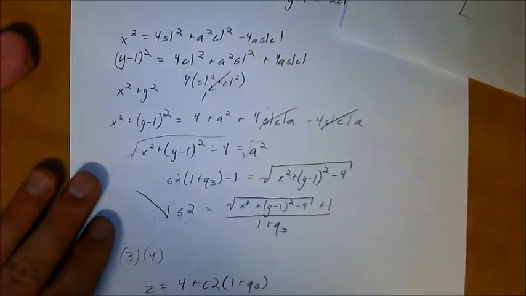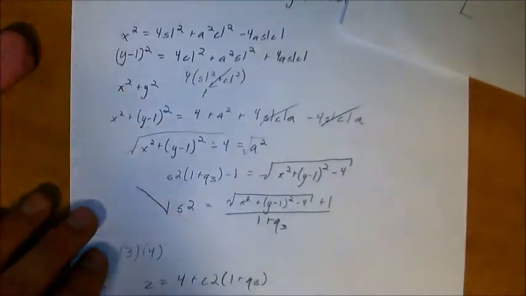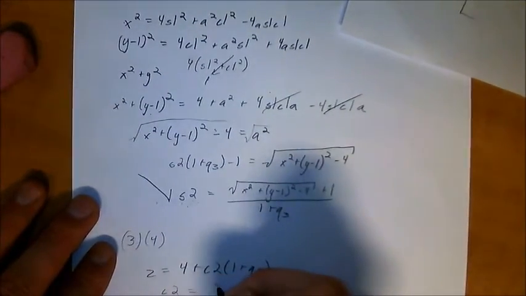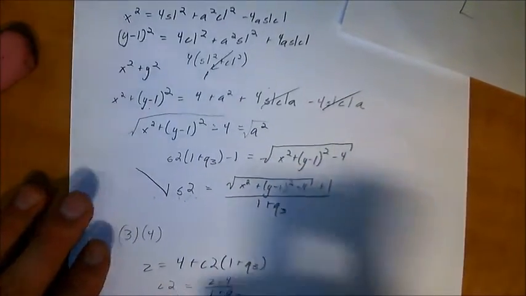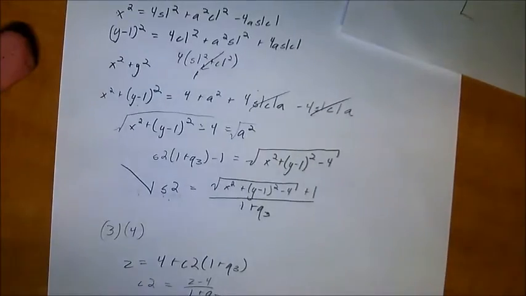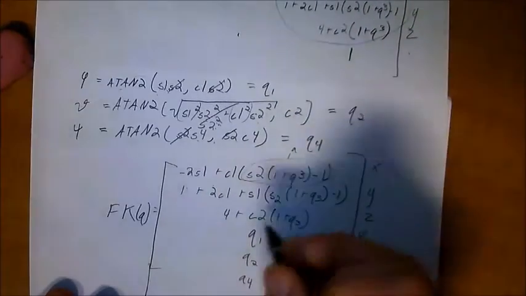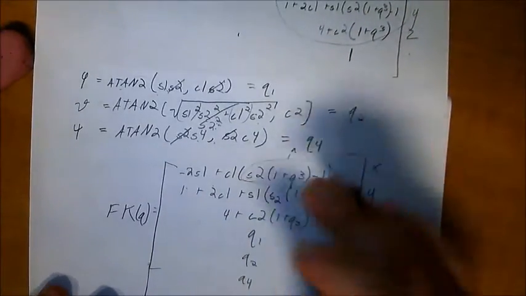Splitting that up a little bit, we end up with c2 is equal to z minus 4 all over 1 plus q3. Oh, actually, we're not using 3 and 4, I'm sorry. We're just using 3 in this part. The 4 comes a little bit later, or in another method.